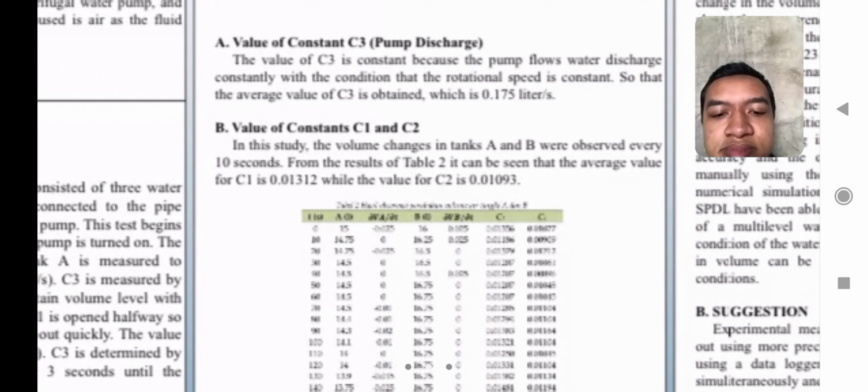And B, value of constants C1 and C2. In this study, the volume change in tanks A and B was observed every 10 seconds.